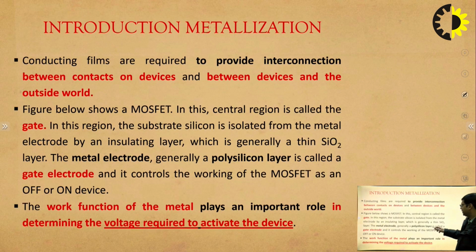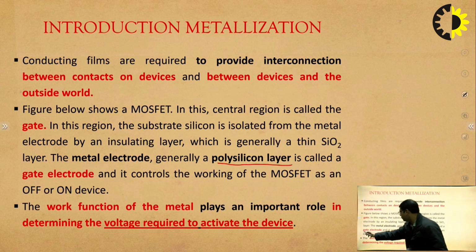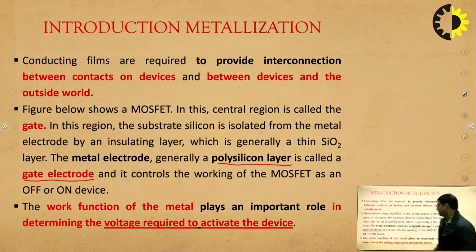Okay. So here the central region is gate, and here the substrate silicon is isolated from the metal electrode by an insulating layer. And here we use a polysilicon layer for the gate electrode, and it controls the working of the MOSFET as an off or on switch.